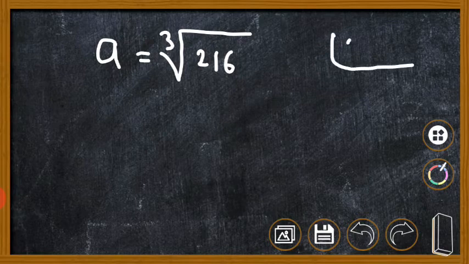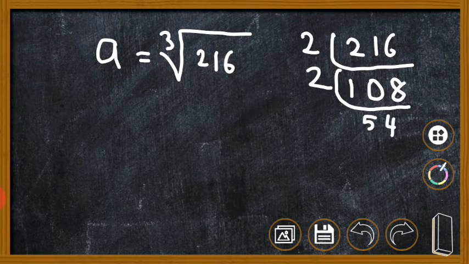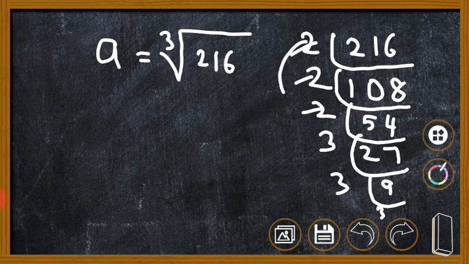You just factorize 216. So first factor is 2. So 108. Again 2, 54. Again 2, 27. Next we can factorize with 3, 9, 3. Cube root meaning from each 3 take 1.